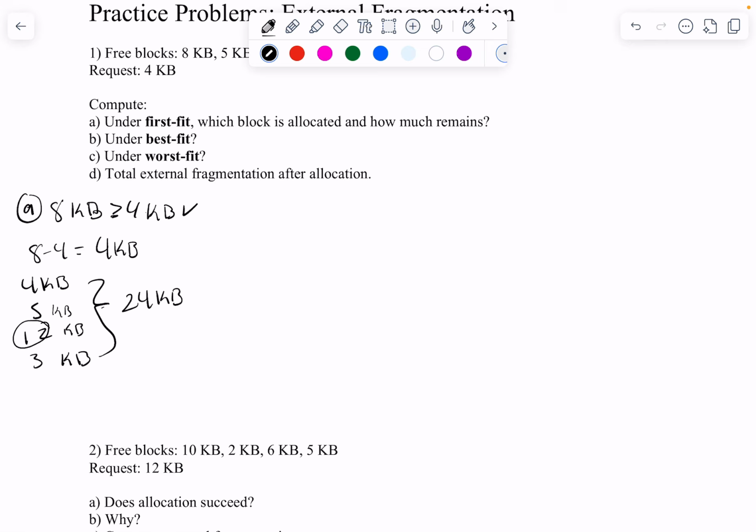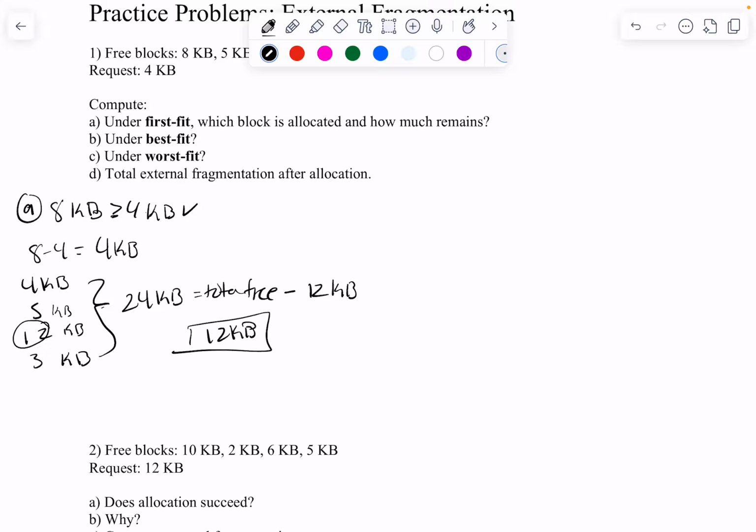So in order to get the external fragmentation, you take the total free space, and then you subtract the largest, which is the 12 kilobyte block. And what we're left with is, again, 12 kilobytes. So for the first fit, we allocate from the 8 kilobyte block, we are left with only 4 kilobytes there, and external fragmentation of 12.